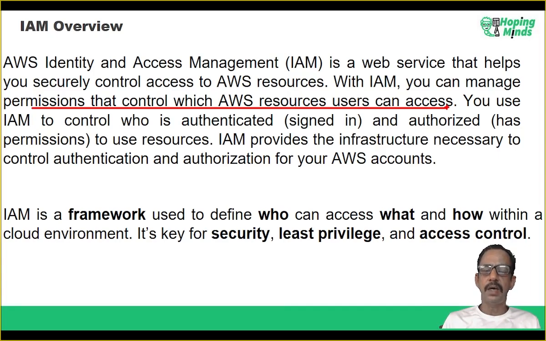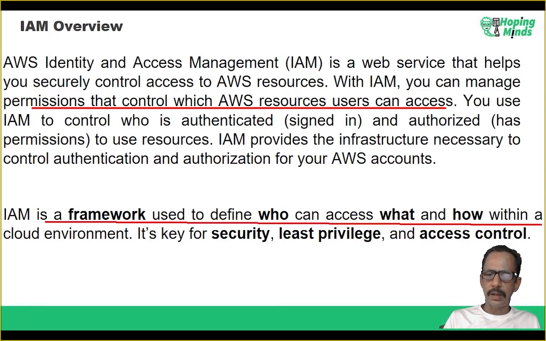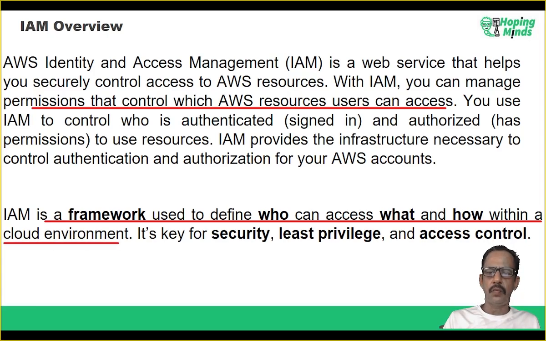Again, depending on that, we give him write-only permissions, read-only permissions, or whatever permission we have given him. IAM is a framework used to define who can access what, and how, within the cloud environment. Always keep key security in mind: least privilege and access control.